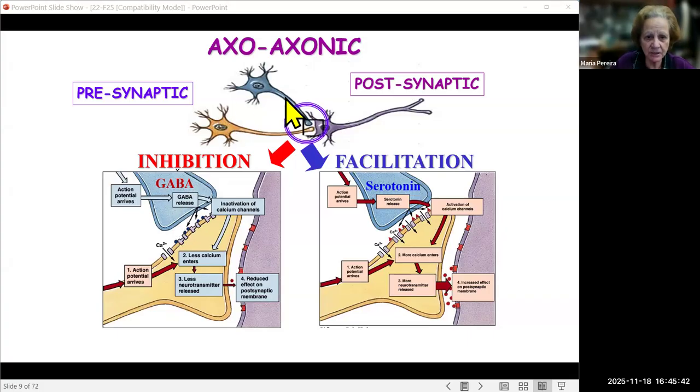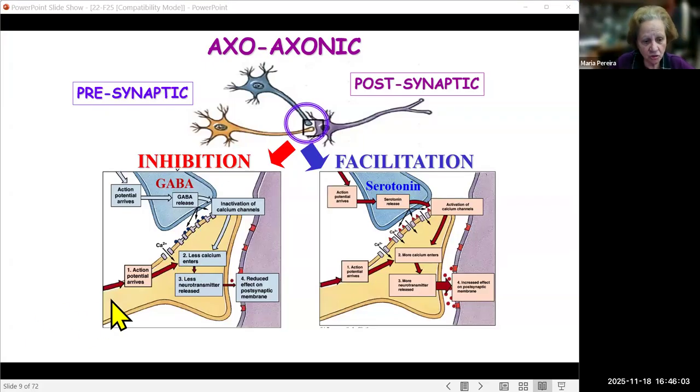Suppose that this neuron has the neurotransmitter GABA, is a GABAergic neuron. So it's going to release GABA. GABA is inhibitory. It opens up chloride channels. The chloride is negatively charged, so it will go in and will make this more negative.